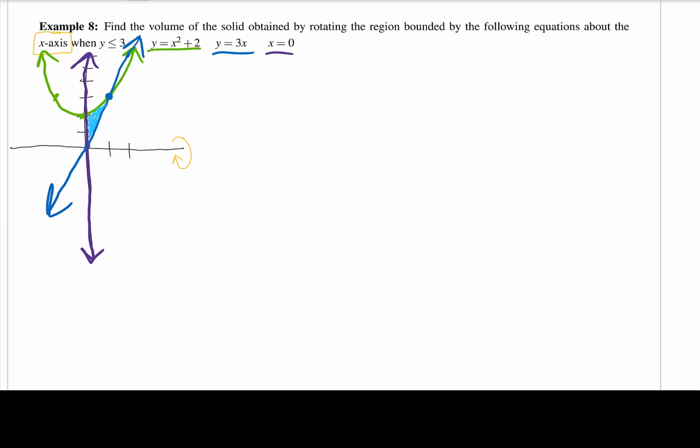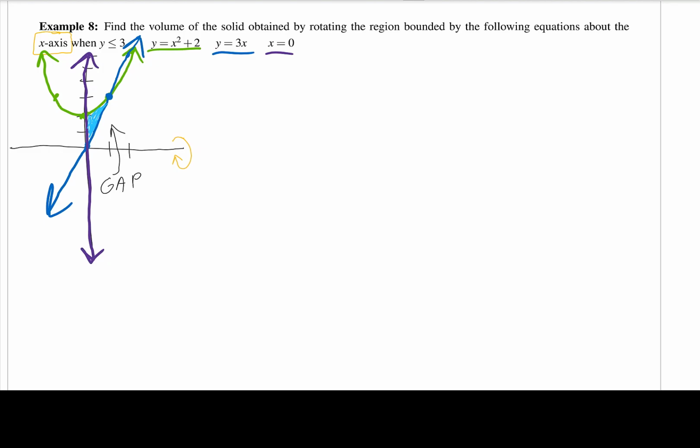Okay, so we're going to be revolving that about the x-axis. So what I noticed here the entire time along this light blue region is that we have a gap. And so that tells me that this is purely going to be a washer method.